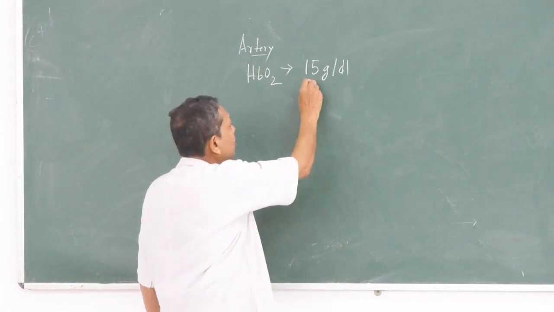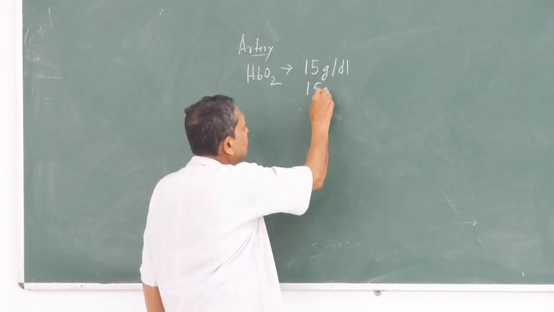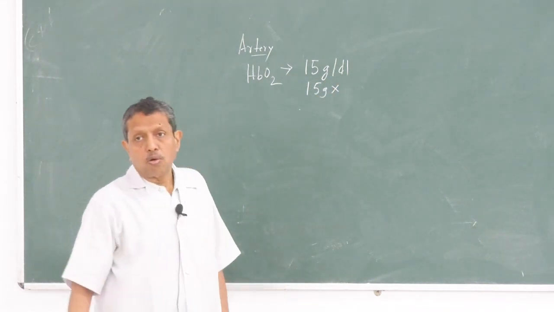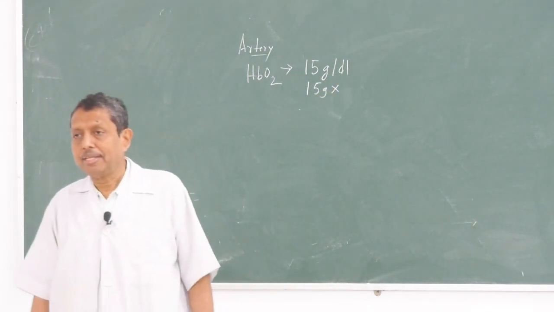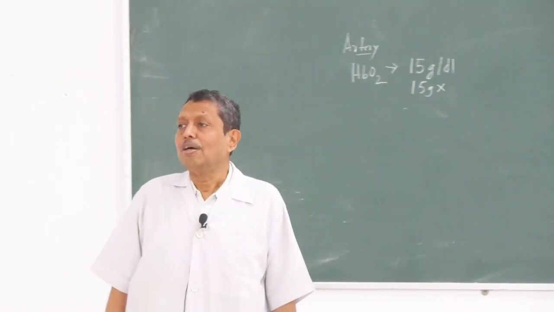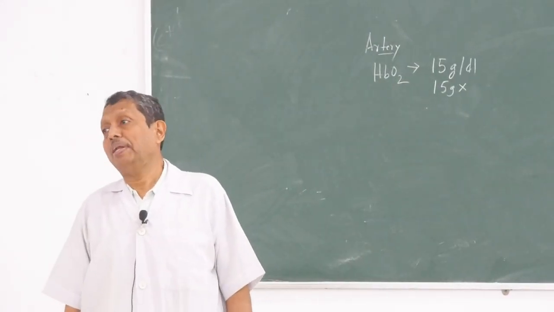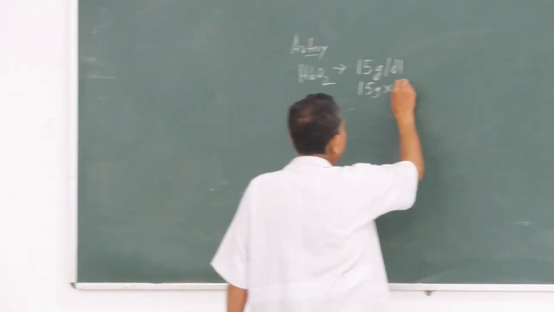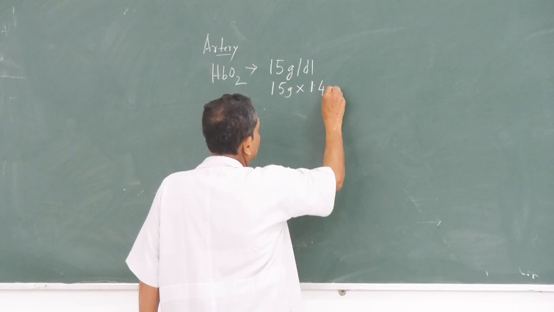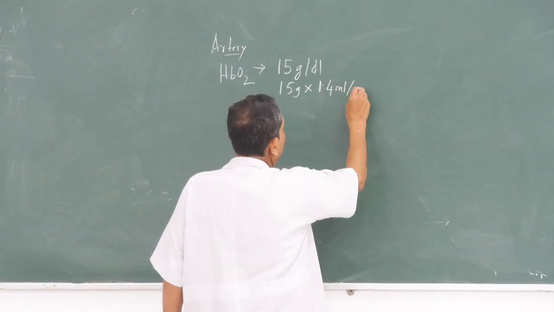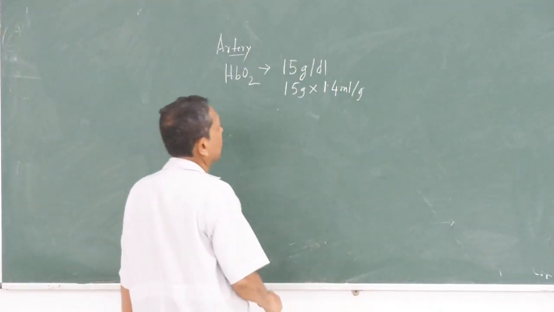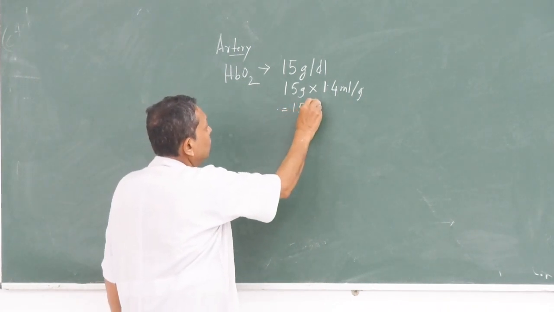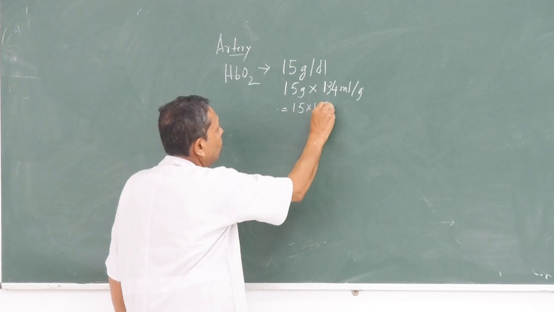And 1 gram of hemoglobin binds with what ml of oxygen? 1 gram binds with 1.34 ml of oxygen. So it becomes 15 into 1.34.